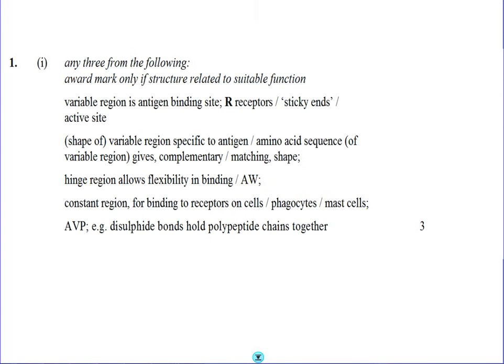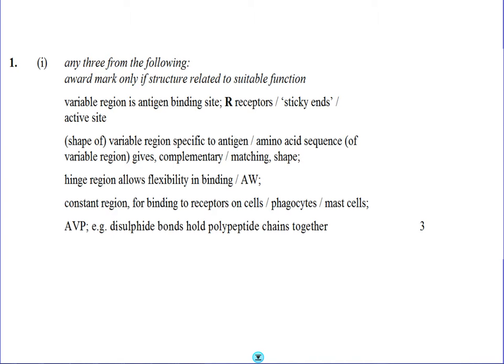So if we look at the mark scheme here, this is taken from the exam software I was using to pull the question. You can see all of those parts. Maybe it's not specifically exactly what I've said, but you can see they all relate to the points that I was talking about. So it says any 3 from the following: award mark only if the structure related is to that particular function.